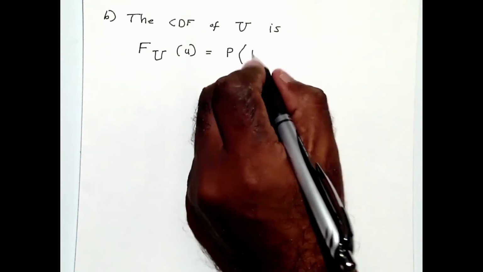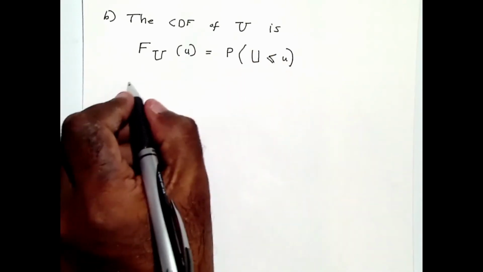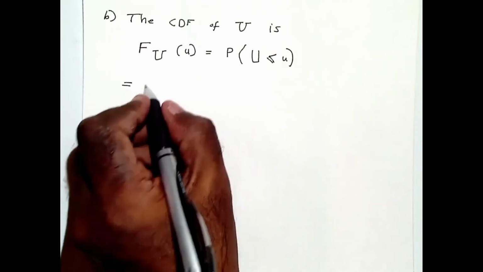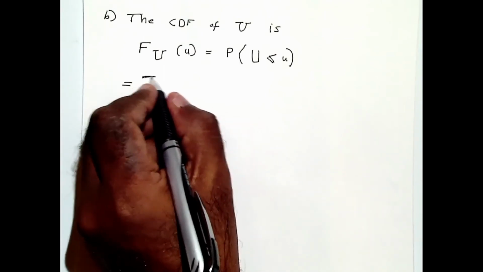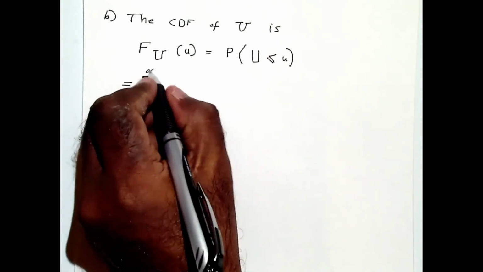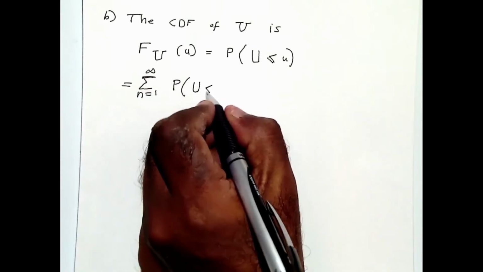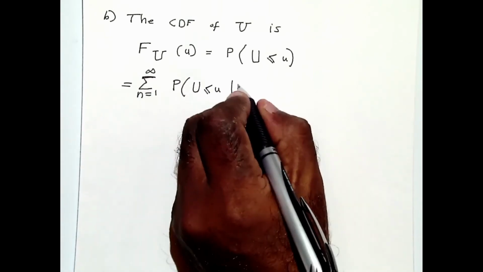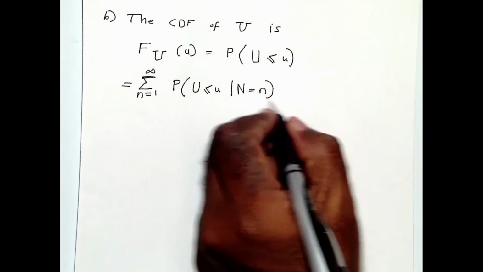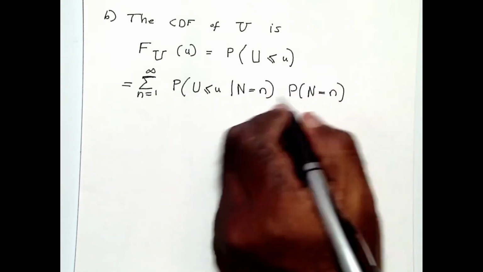By definition, this is the probability that U is less than or equal to u. Now once again, I'm going to use the total probability rule, and I'm going to write this as the sum from 1 to infinity of the conditional probability of U given n is a fixed number, multiplied by the probability that capital N equals little n.